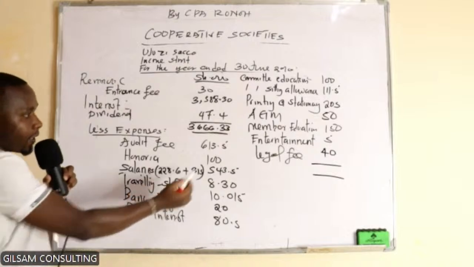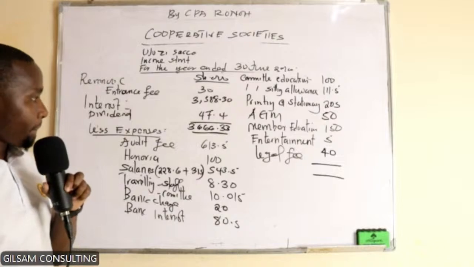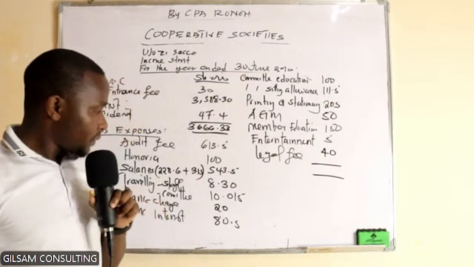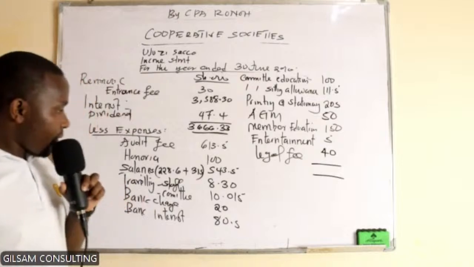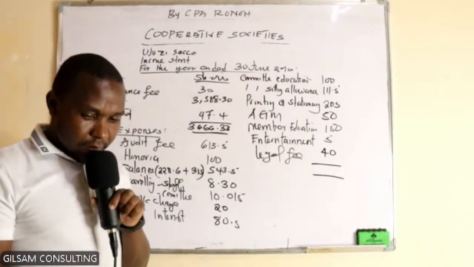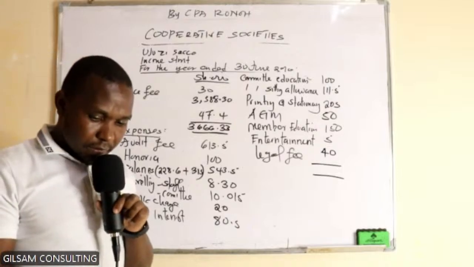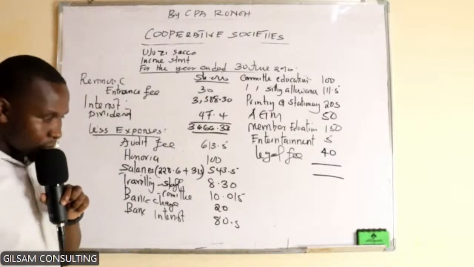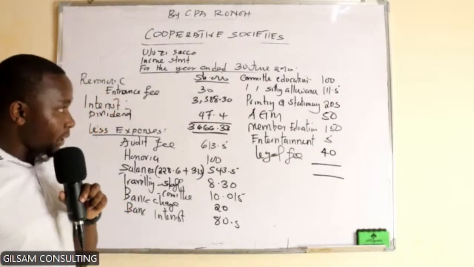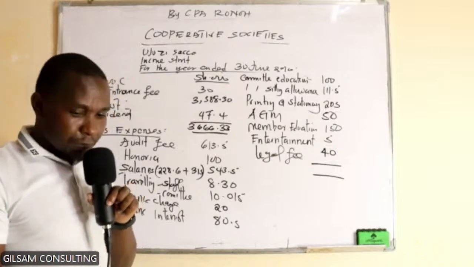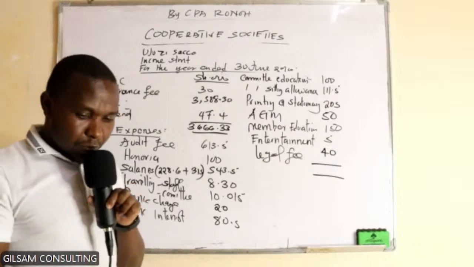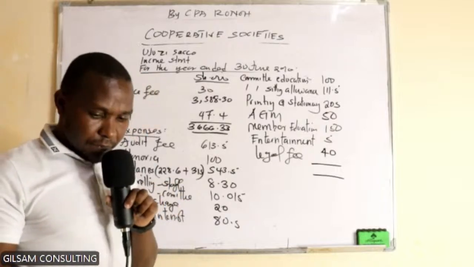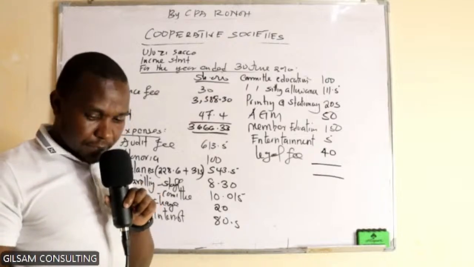And then let's total the expenses. 613.5 plus 100 plus 543.5 plus 8.3 plus 10.015 plus 20 plus 80.5 plus 100 plus 111.5 plus 205 plus 50 plus 150 plus 5 plus 40.